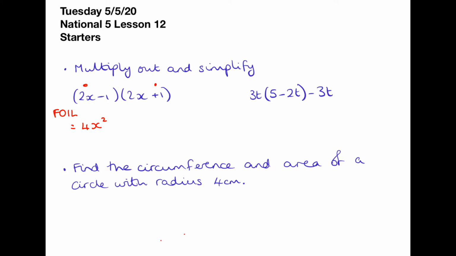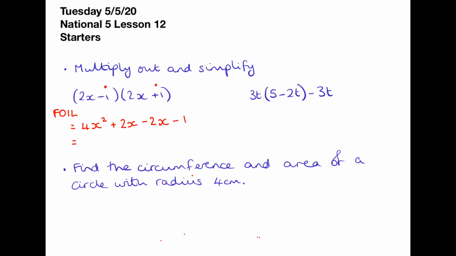So we've got 2x times 1 is 2x. Then it's the insides next, the two that are closest together. So that's negative 1 times positive 2x gives us minus 2x. And then it's the lasts, the last thing in both brackets, which is negative 1 times positive 1, which is minus 1 or negative 1.